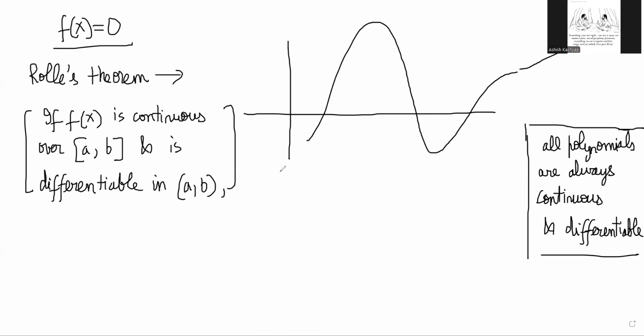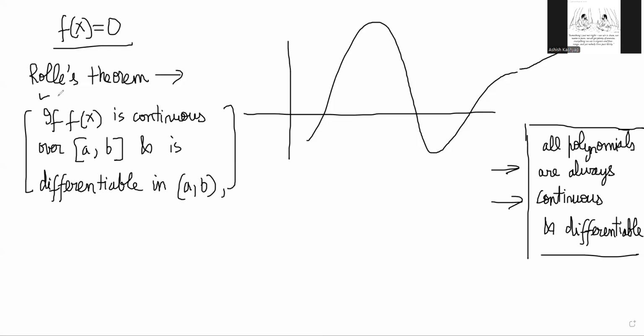I am not going to be telling you what continuity and differentiability is. If you are curious, you have to find it yourself by reading from the book. All I am telling you is that all polynomials are continuous and differentiable.